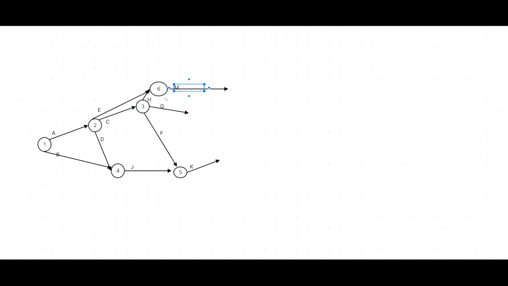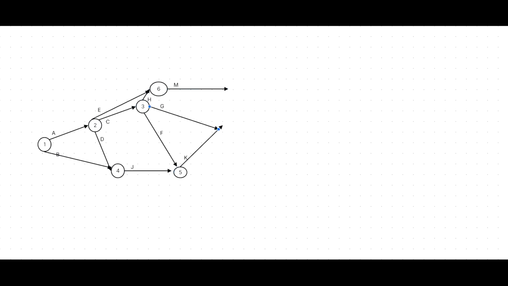Then next, consider the previous one. E, H, G, K. Now I will take the K, need to change the direction somewhat. K, then we can take the G, and we require the EH.